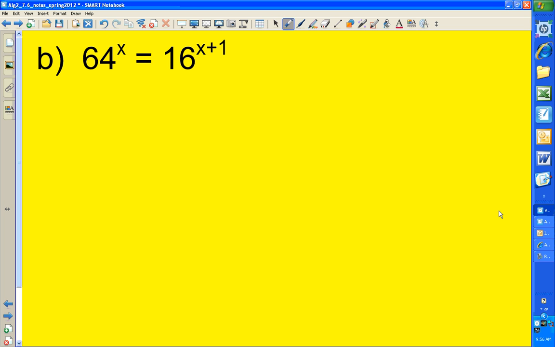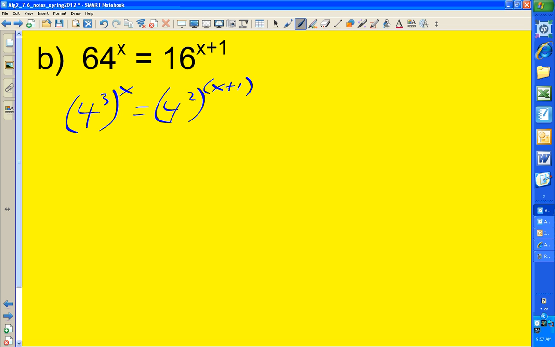Okay, what base do we want? 4 or 2? 4 is easier. 64 is 4 cubed. And 16 is 4 squared. Again, I like to have my powers in parentheses.